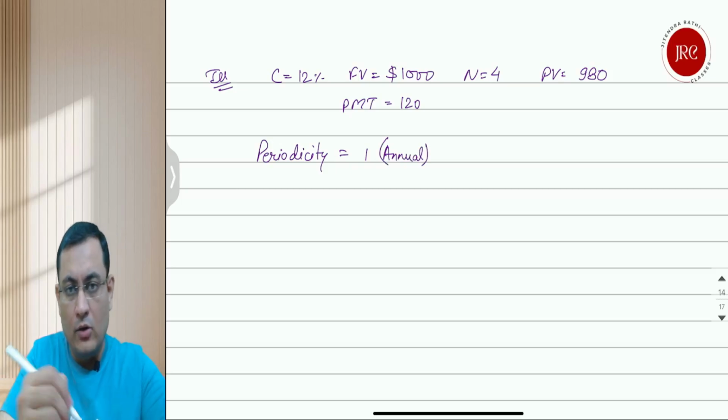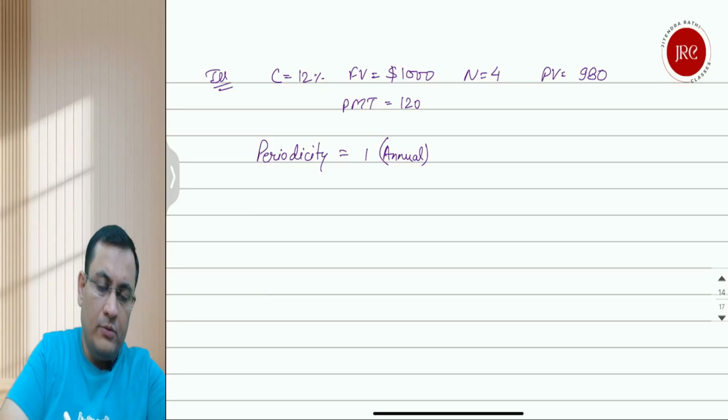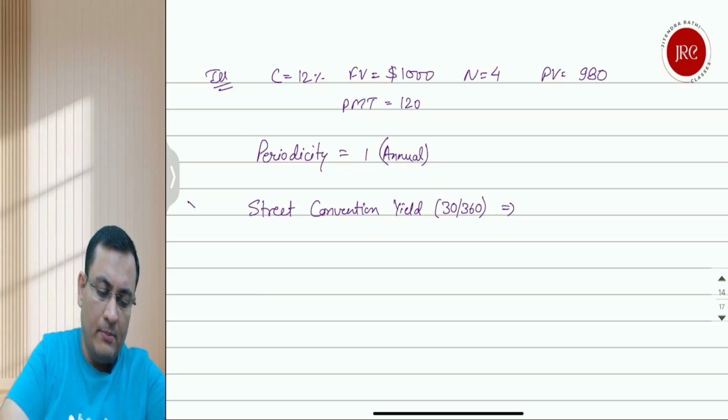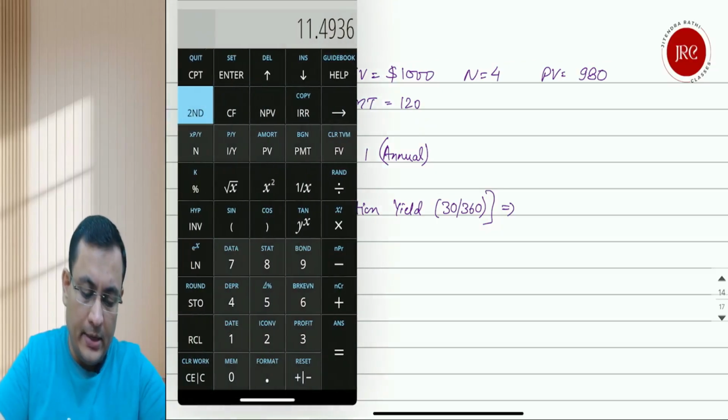Can we calculate normal yield from our formula? First of all, it is called street convention yield based on 30 by 360 concept. YTM based on street convention 30 by 360 days, let's see what is the YTM.